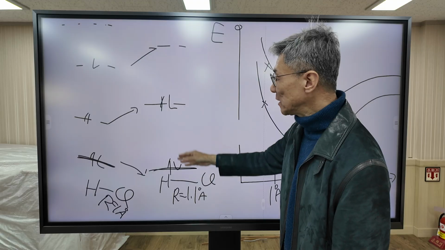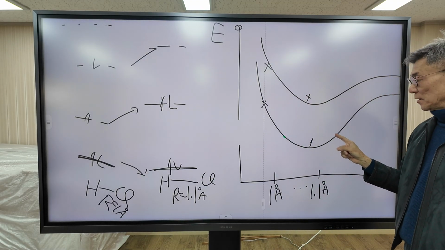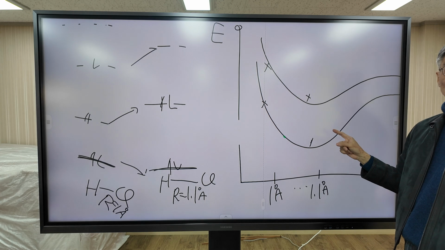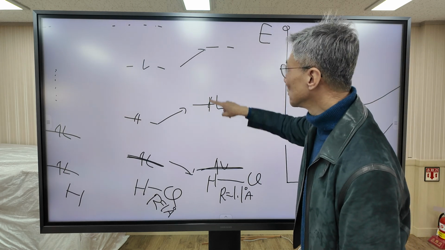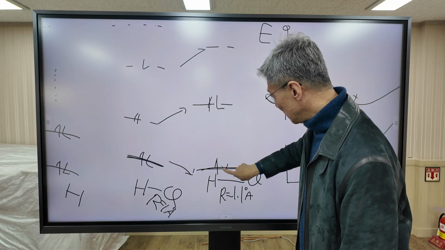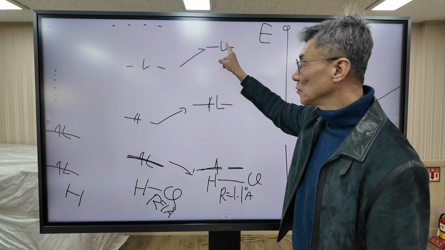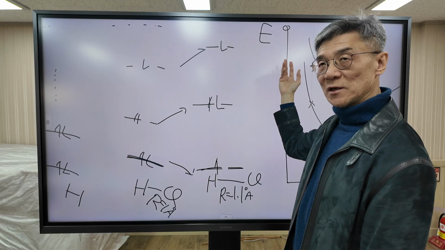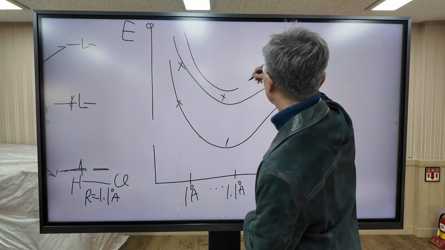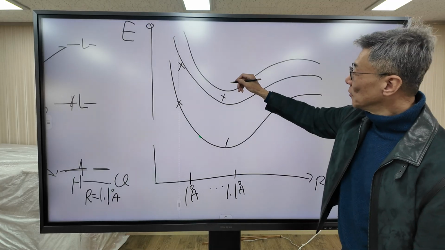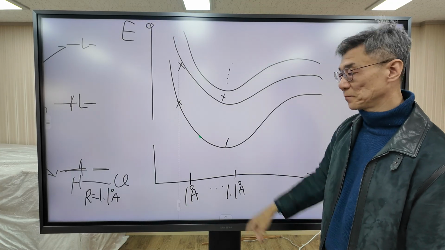So for each configuration, we can draw another potential energy curve. In this case, this electron is promoted to this orbital, but this electron can be promoted to this orbital, so you can draw another potential energy curve. So there is another potential curve. You can draw an infinite number of potential energy curves.